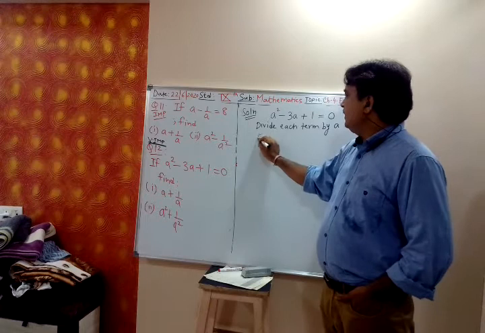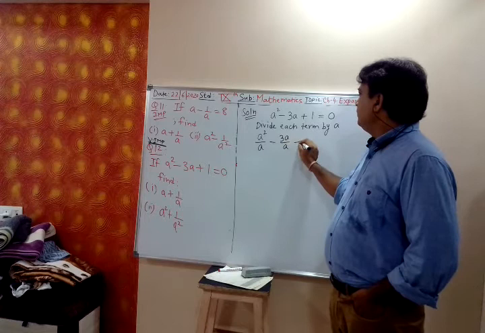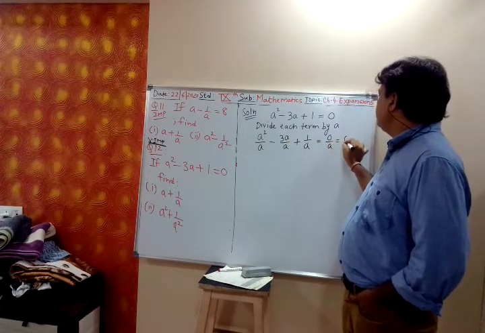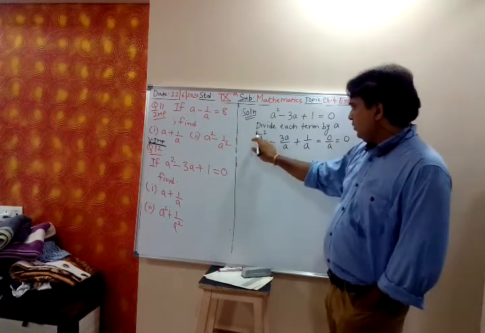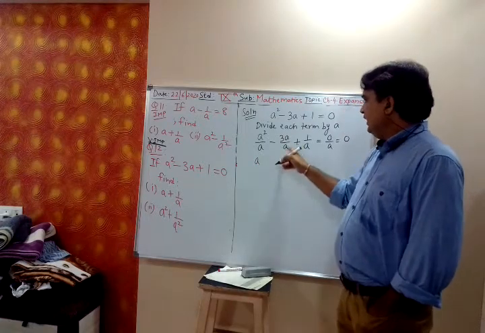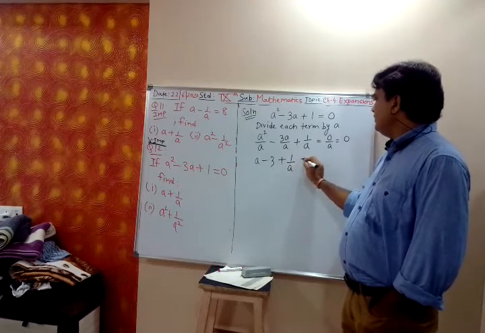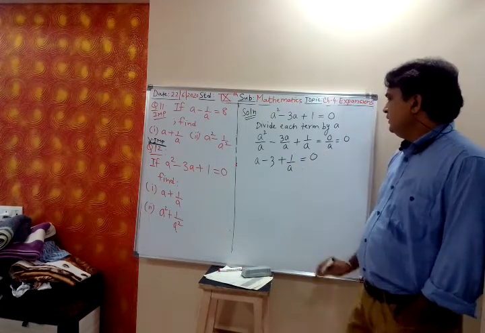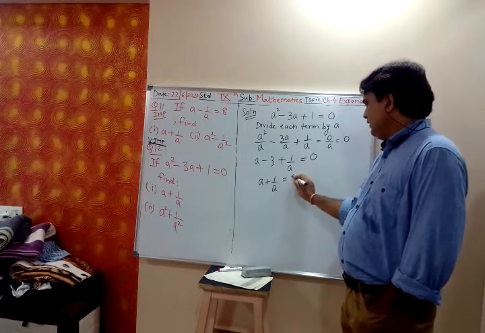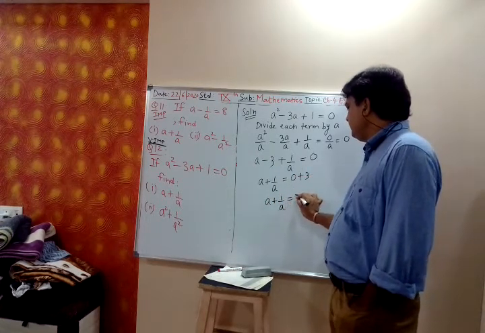So you will get a square upon a minus 3a upon a plus 1 upon a, equal to 0 upon a, which is 0. Now a square and a, one a gets cancelled, and a is left. 3a and a get cancelled, and 3 is left. So a minus 3 plus 1 upon a is equal to 0. I will take 3 on this side, so a plus 1 upon a is 3. This is the first answer.